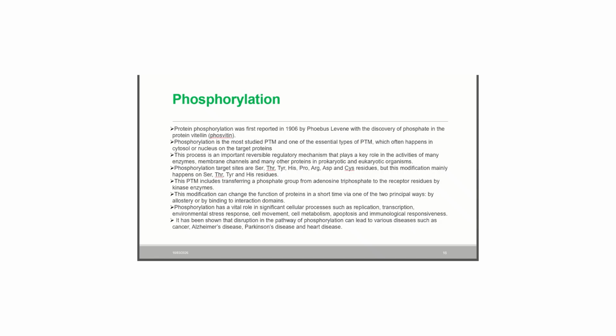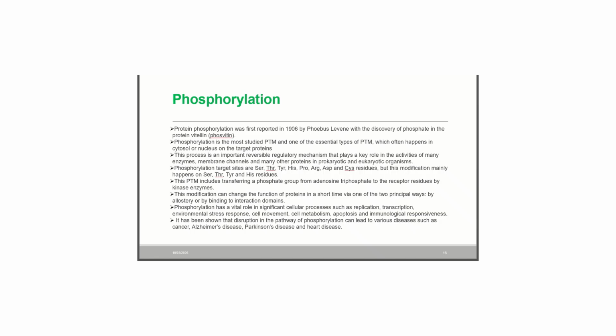So allosteric is actually a biological mechanism where a phosphate group can bind to a protein at a site other than its active site, other than the presence of the specific residues, and this we call an allosteric site.